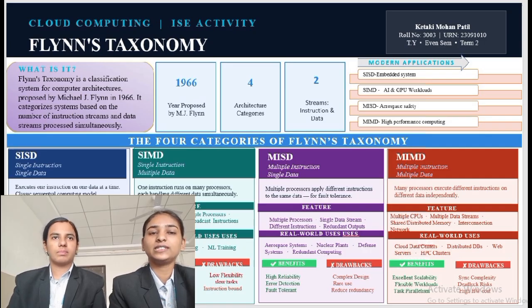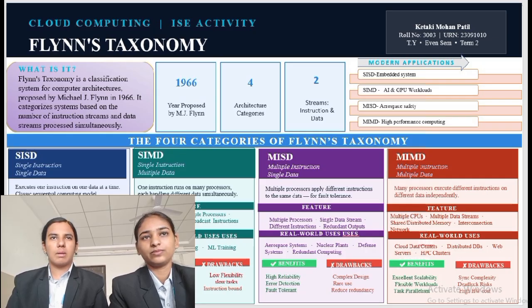It works step by step, only one process, one step at a time. In everyday life there are many examples, like a basic calculator solving one problem, which performs only one task at a time. Also an old single-core computer, or a simple embedded system like a microwave or controller. Here, only one task happens at a time.